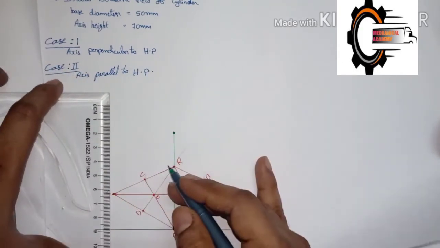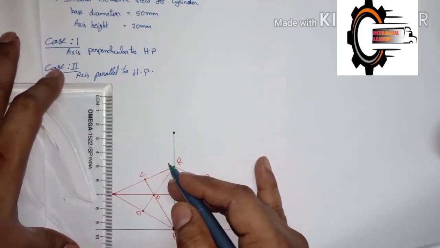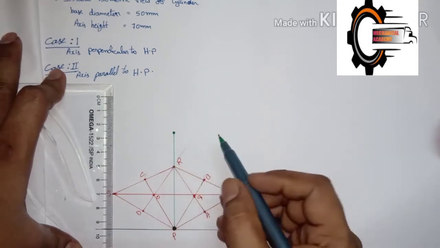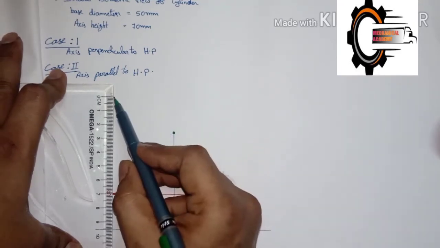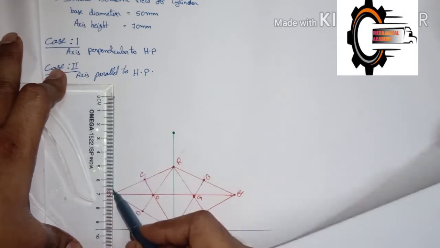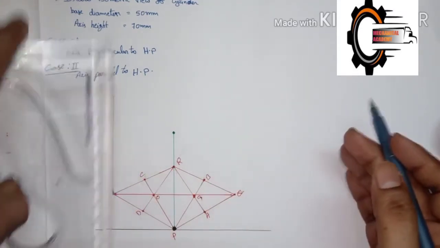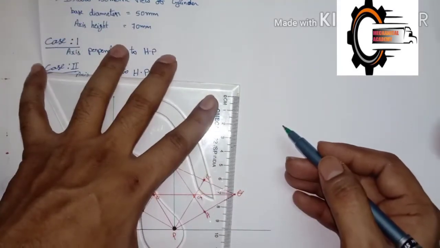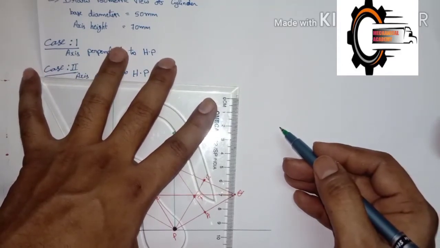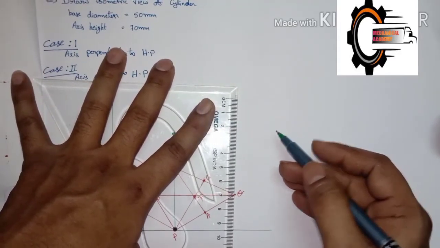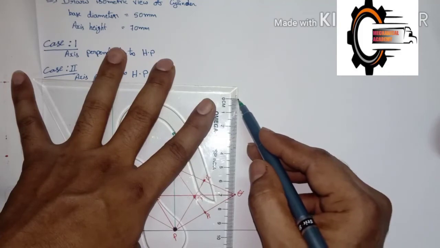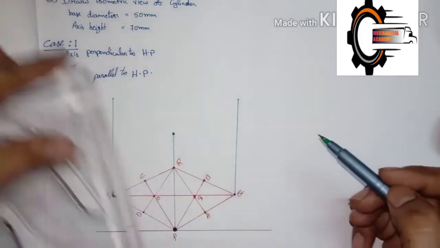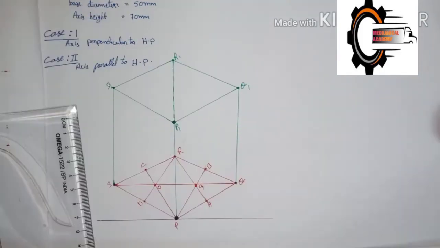From the S you have to draw a height of 70 mm like this, and similarly from the point Q we have to draw a height of 70 mm. Similarly from the point, so this is the upper face.